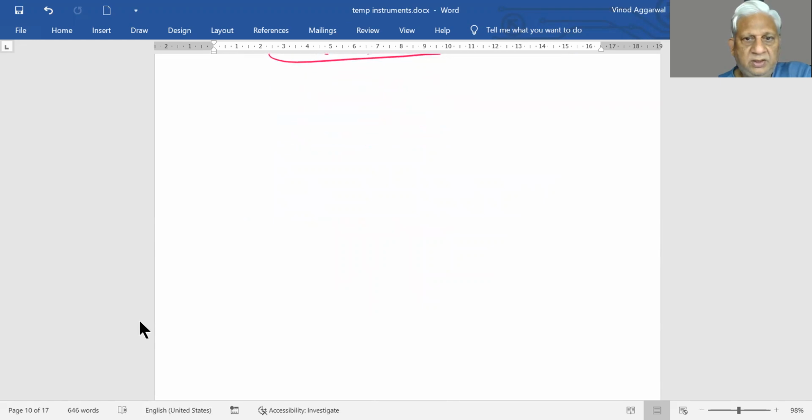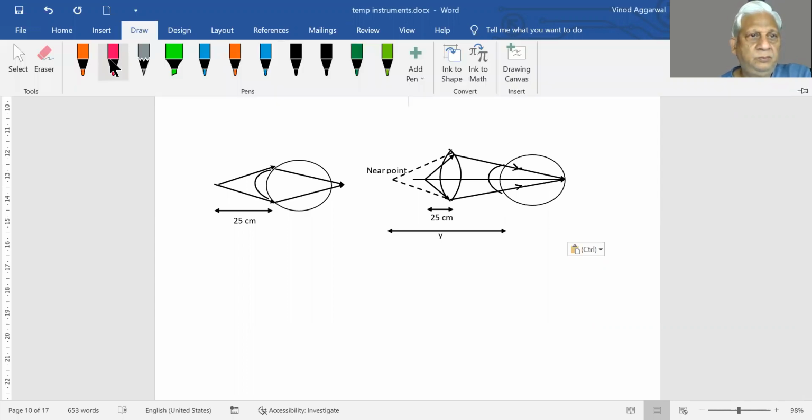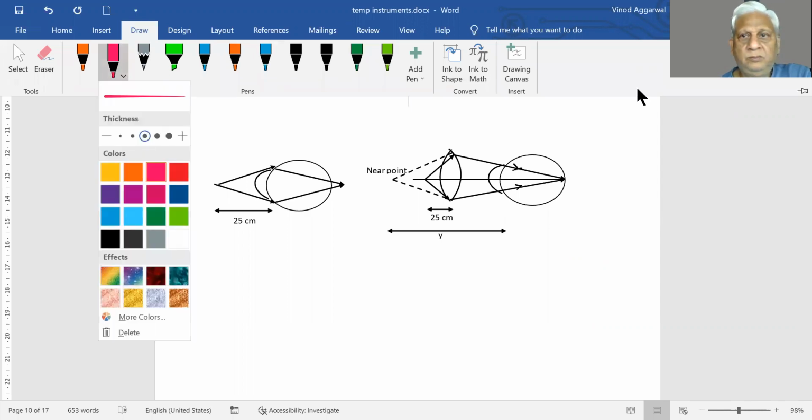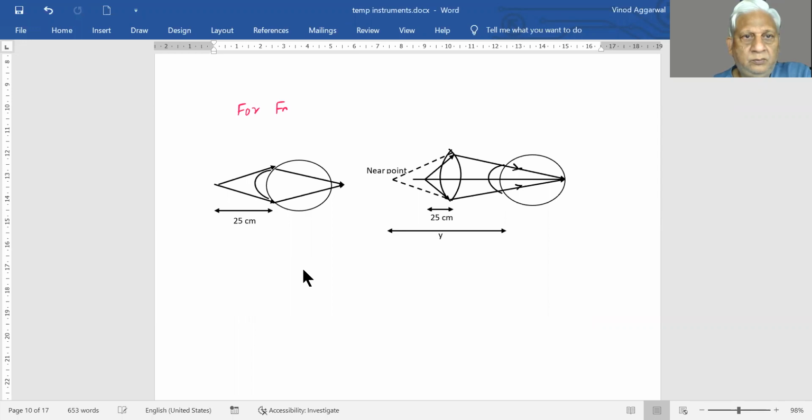Now let's take another case, the second case. For a far-sighted person, what happens is that if you bring the object closer, the image is not made at the retina, it is made beyond the retina.